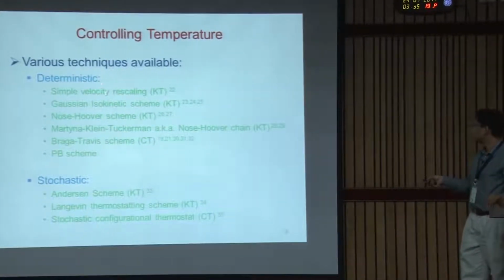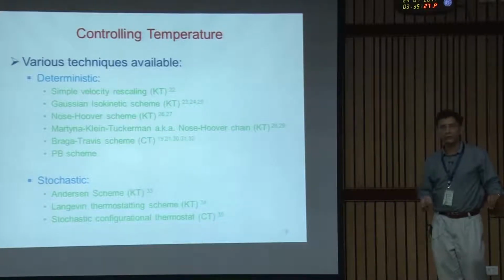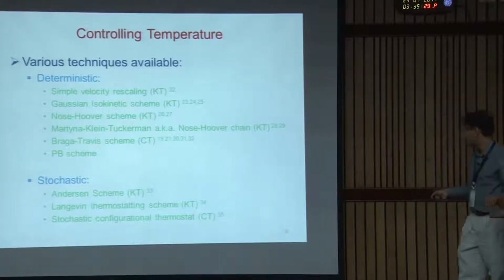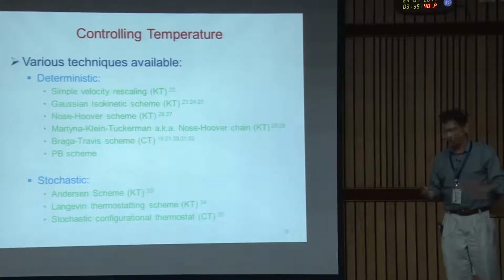For example, this one does not. And all the stochastic schemes, of course, do not, because they are basically hybrids or pure Monte Carlo moves. This is the oldest stochastic thermostat, the Andersen scheme, and then the Langevin and stochastic configuration thermostat, and so on. I'll just go through a few of these, the important ones.